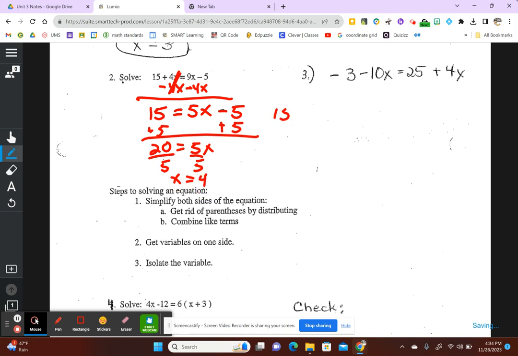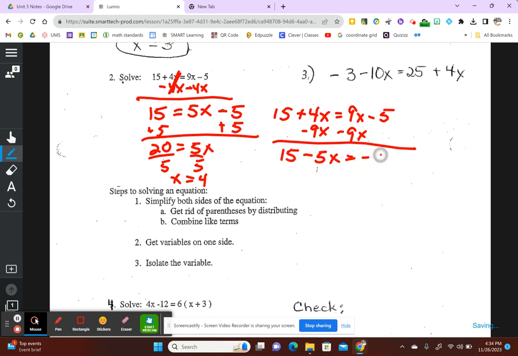But another way to do it is to say, okay, I'm starting with 15 plus 4x equals 9x minus 5. I'm going to get rid of 9x from both sides instead of getting rid of 4x. So now I'm left with 15 minus 5x equals negative 5. I subtract 15 from both sides.